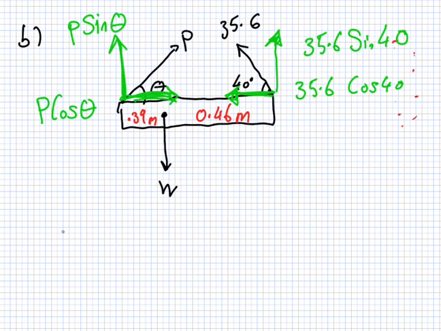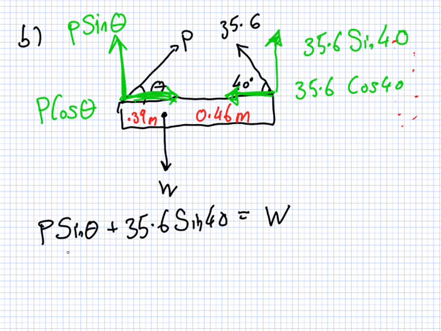So you know that P sine theta plus 35.6 sine 40 must equal W. You also know that P cos theta must equal 35.6 cos 40.